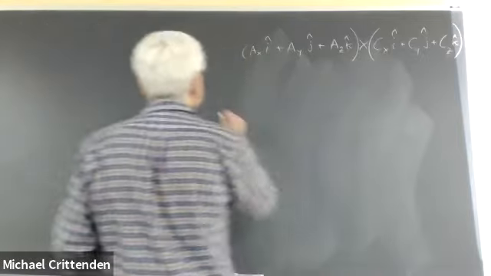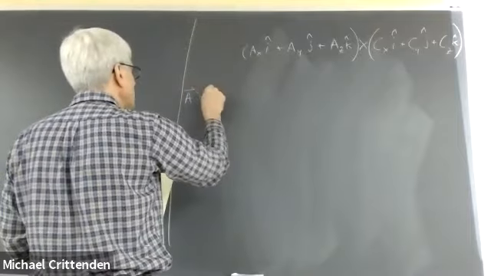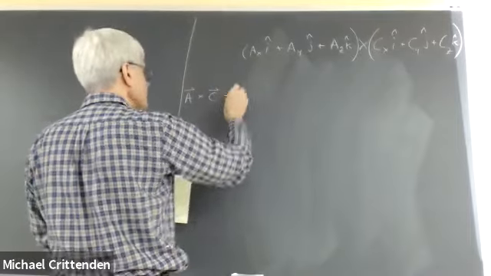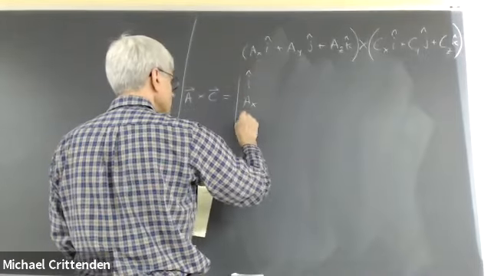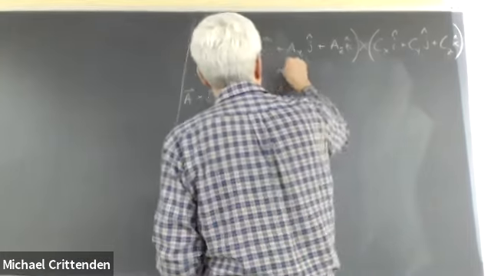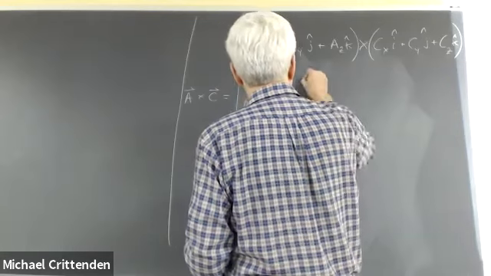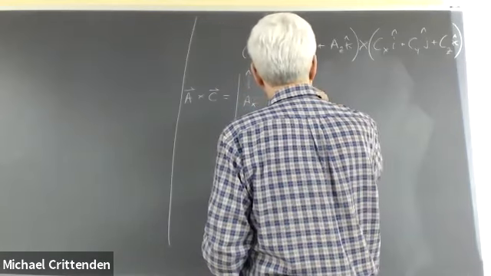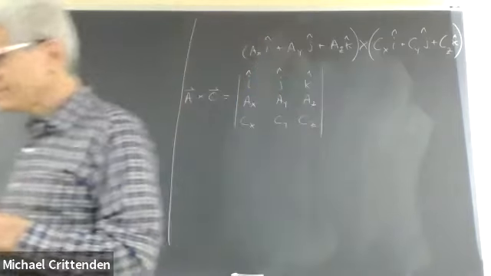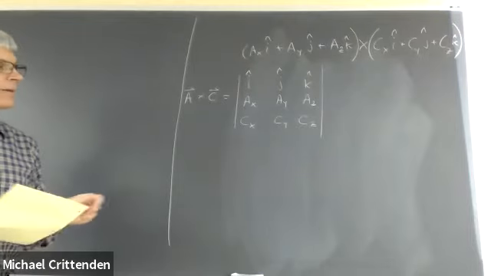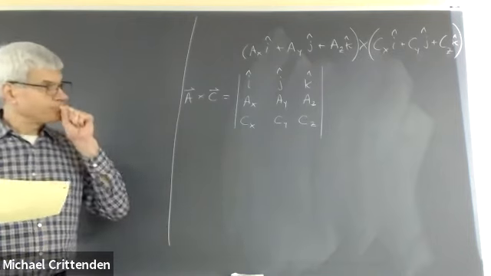So if you have A cross C, it's equal to the determinant.